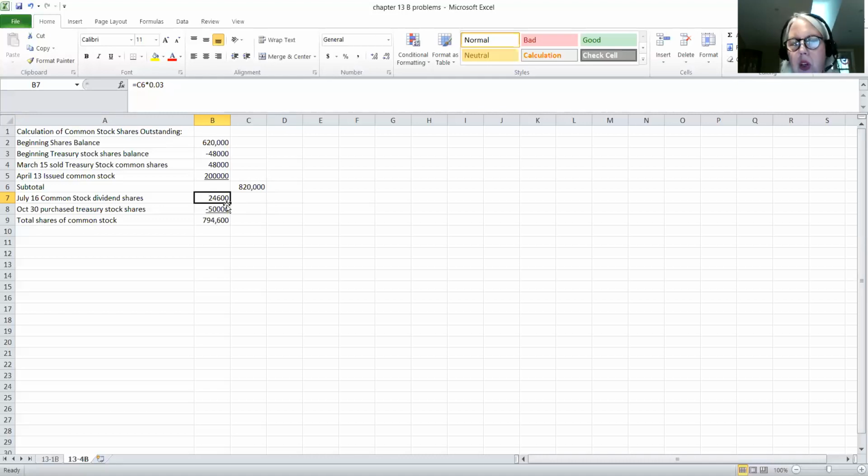So it's important for you to note that there are 24,600 shares of common stock dividend that we're planning to distribute or give to our stockholders. So hold this thought, 24,600, you might want to write it down, is the amount of the common stock dividend shares that we're going to give out.